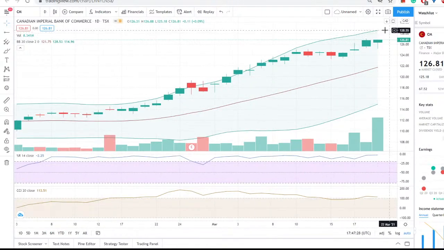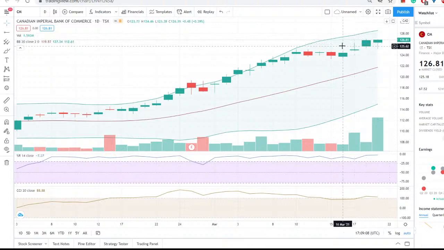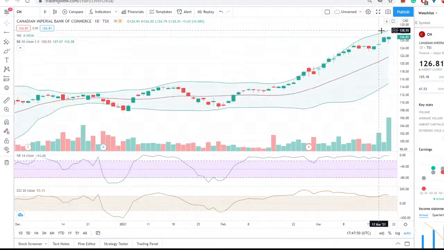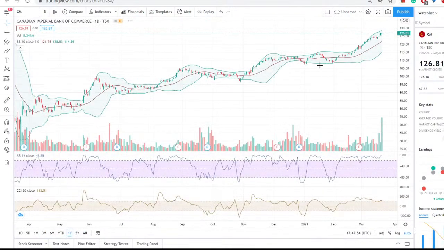At 125, it made me cry. I waited patiently 3 or 4 days for 125. The volumes were high in the last session, which means it can still move further up. It only indicates people are coming in for short-term gain.